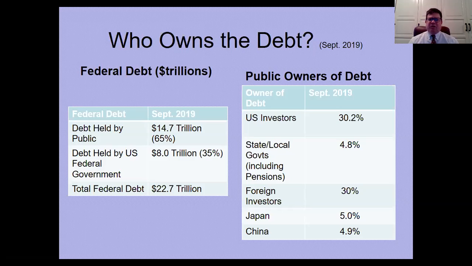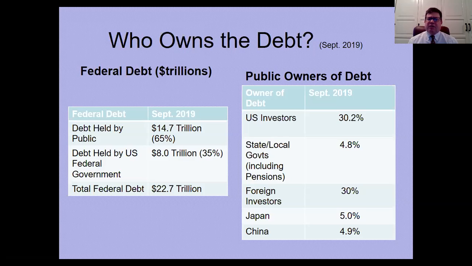Now, what about those public owners of the debt? This is as an overall 100 percentage point of 100% of all the federal debt. About 30% is owned by U.S. investors, whether they be individuals or whether they be banks or whether they be insurance companies or any type of a firm that might buy that as an investment product.